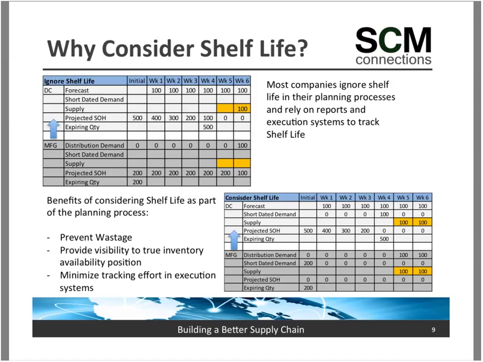And similarly, if you take it down to the manufacturing plant, because this inventory is expired, we want to generate additional demand to offset this expired inventory, so that the system will generate the additional supply that is needed because of that expired inventory.